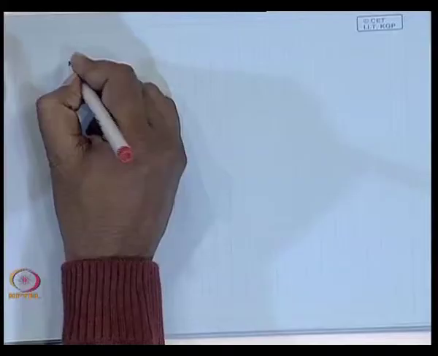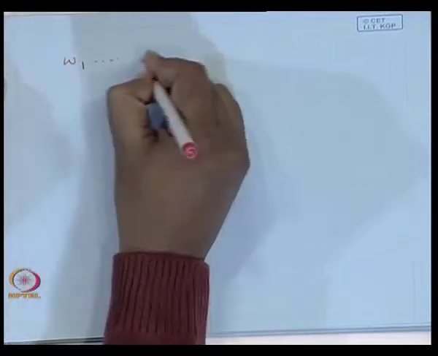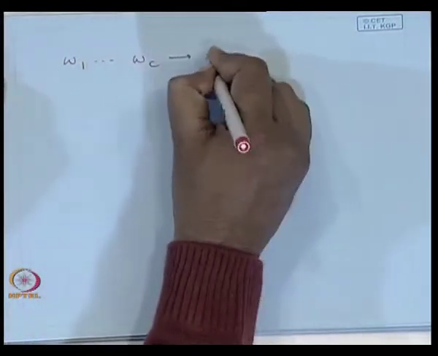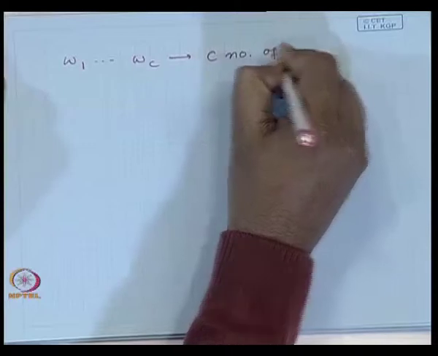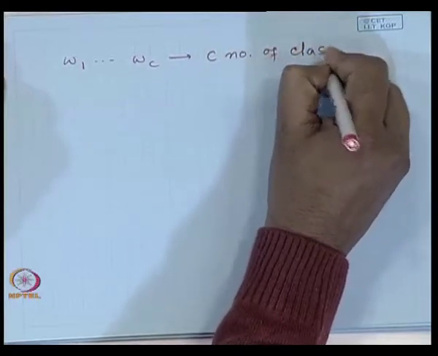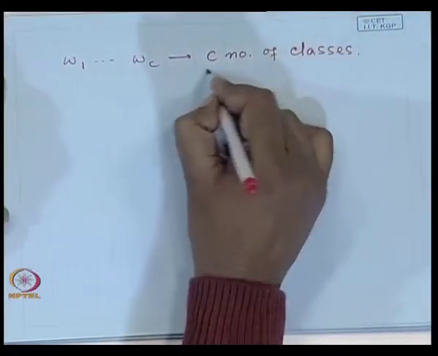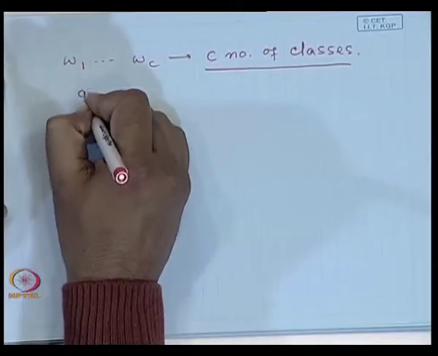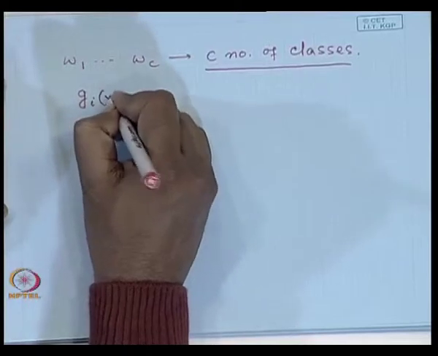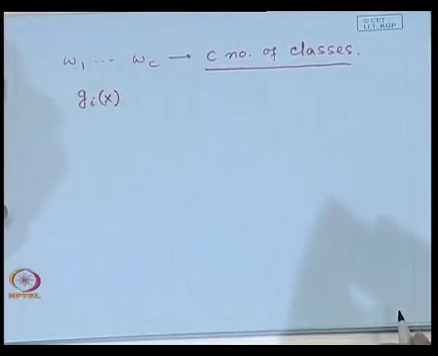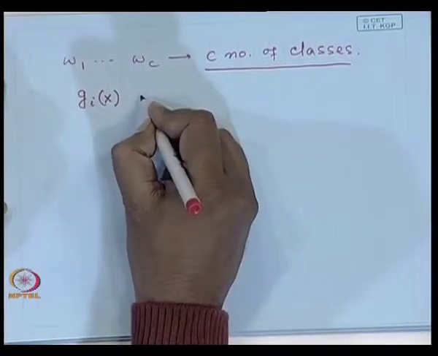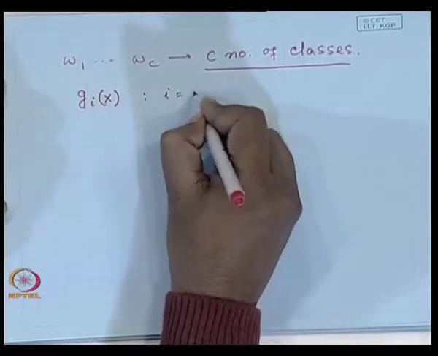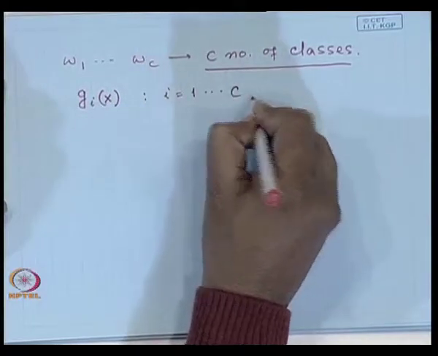Now let us see what will be the nature of this discriminant function. When I have C number of classes, omega 1 to omega c, I will have C number of functional values of the discriminant function, g i x for i varying from 1 to c.